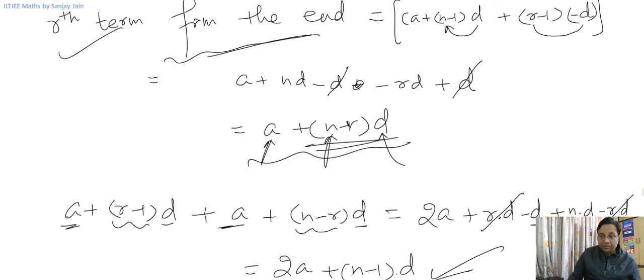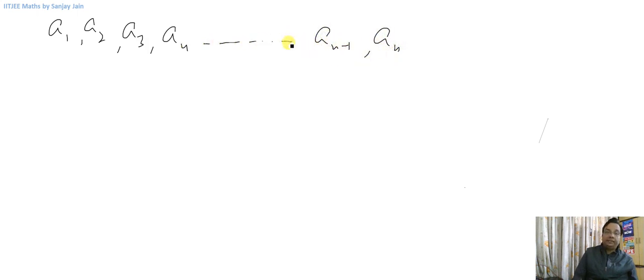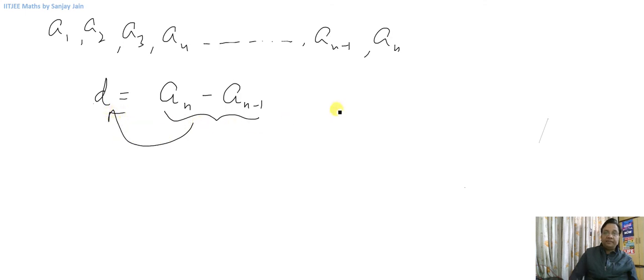Next thing that I want you to observe is, let me clear the board first. When I write a1, a2, a3, a4, a(n minus 1), an, when I write the common difference, which is any term of this AP minus its previous term, this difference, which is d, is independent of n.